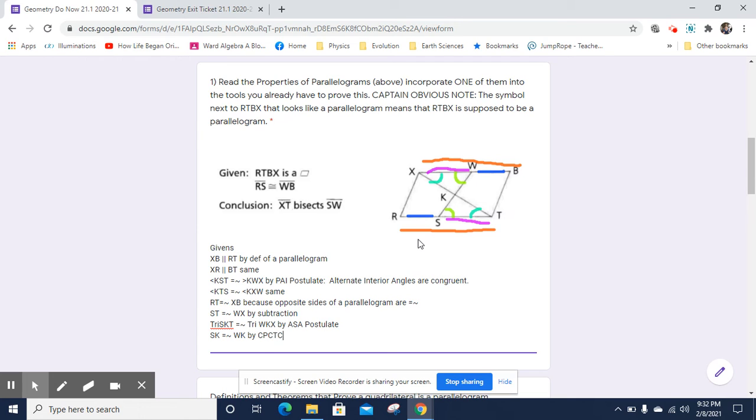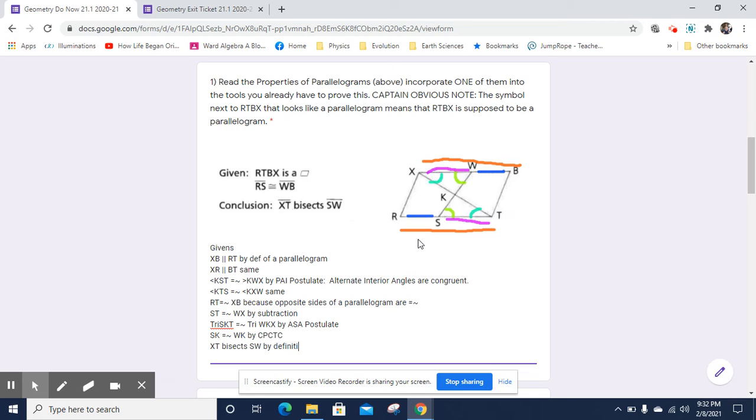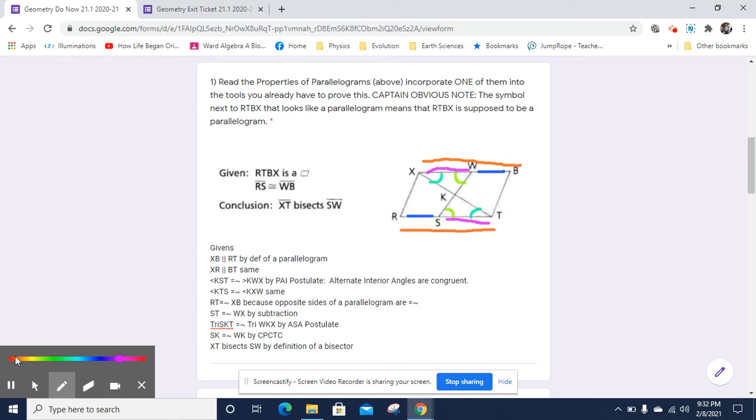Okay, now that we have that, we can say that XT bisects SW by definition of a bisector, because we just proved that these two sides here, I'm going to go with this red, KS and KW are congruent by CPCTC. We're bisecting it, so it breaks it into two congruent parts.